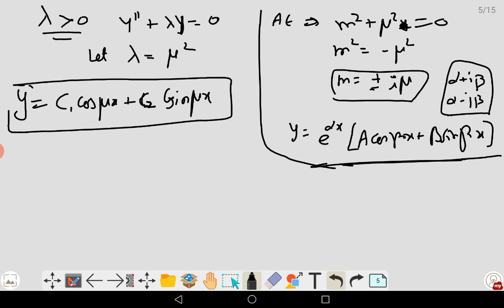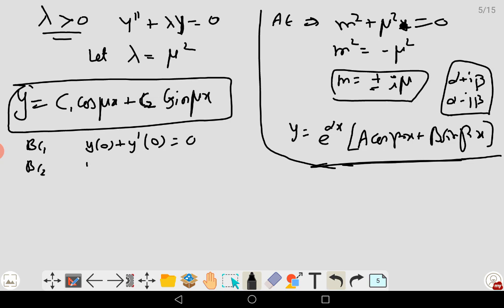This is our y, from which we need to find the values of c1, c2 by using the boundary conditions. Now recall boundary condition 1: y of 0 plus y prime of 0 is equal to 0.